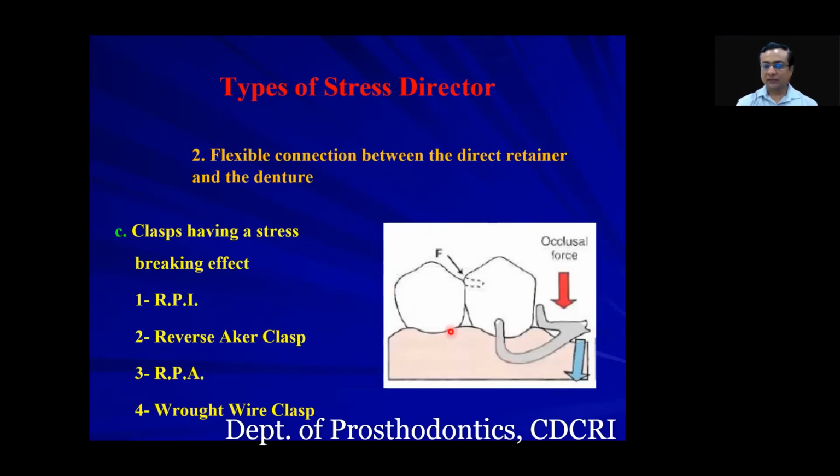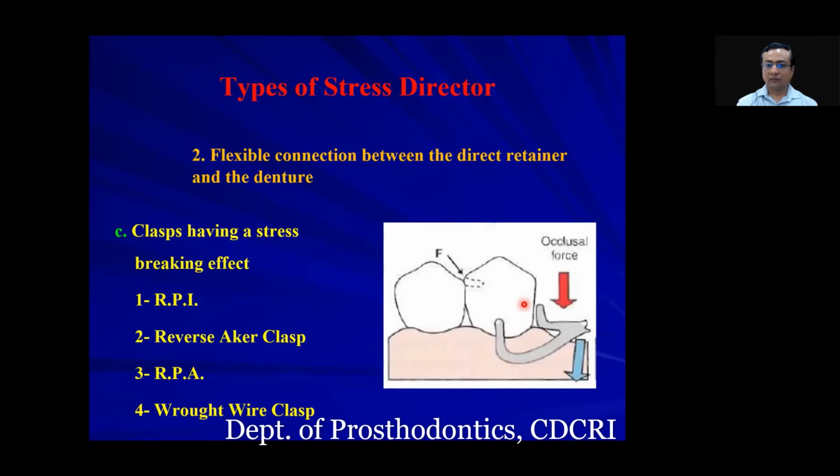And this illustration we have also seen. So in this case, what happens? Your guiding plane, the proximal plate, at rest position is contacting only 1 mm. Whenever the occlusal forces are acting on the artificial teeth, the proximal plate completely disengages the abutment tooth, and all the forces are transferred to the alveolar bone.